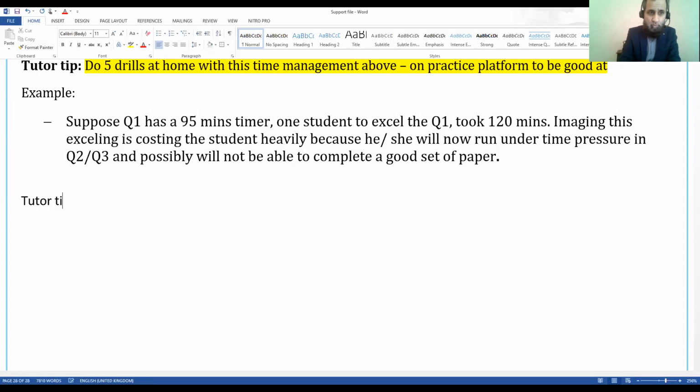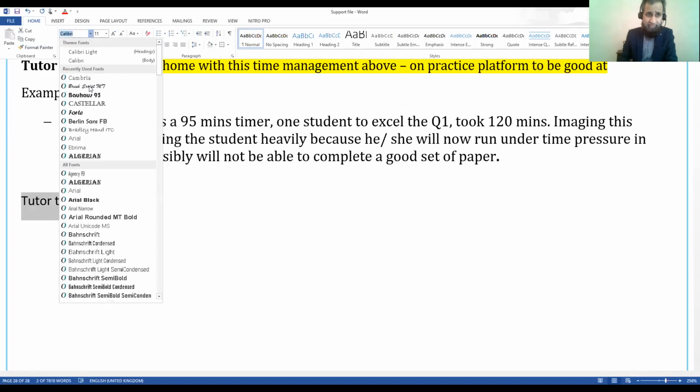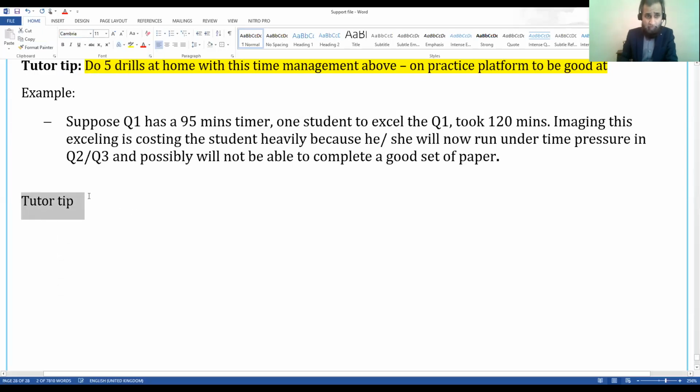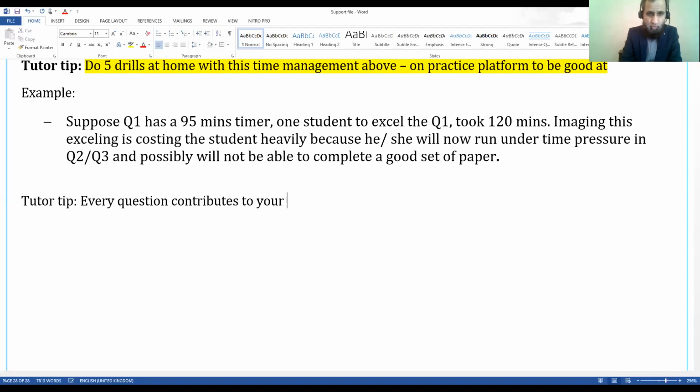Tutor tip 2. You will get lots of tips today in the next couple of minutes we have for the session. And probably, I hope once you read them at home, you will really enjoy them. Look at this tip. Every question contributes to your success, and each of them has a time.